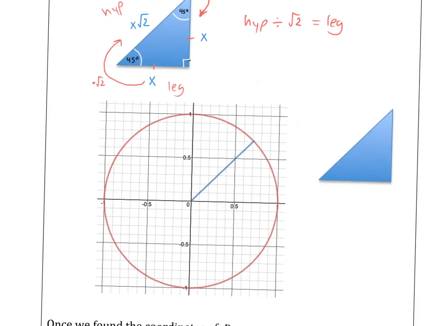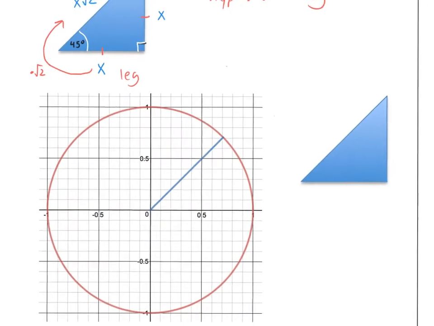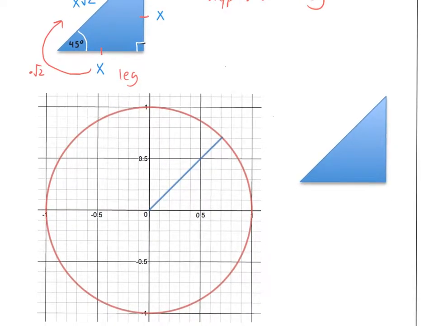So let's look down here and note that theta here is 45 degrees. And so here's my point on the unit circle. Notice that the triangle that is formed there is exactly that triangle. So if I call this 45 degrees here, remember my unit circle means my hypotenuse is 1.